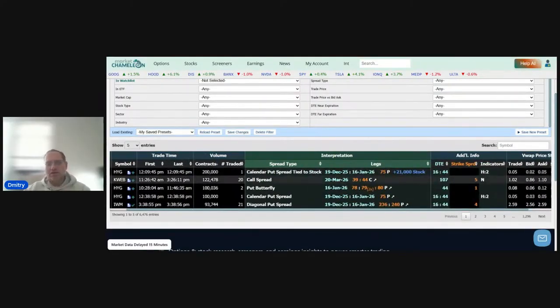But the idea there is that you get a sense of where the executions are happening relative to the bids and offers, right? If you're looking for that type of a trade, that gives you more information how to place your own bids and offers, right? So that's the idea behind that.